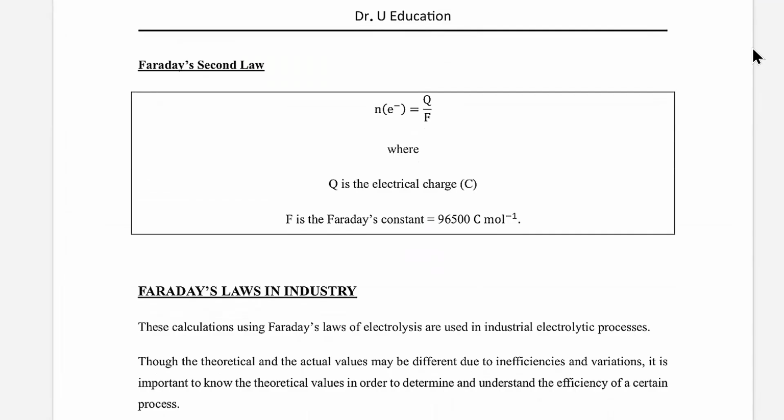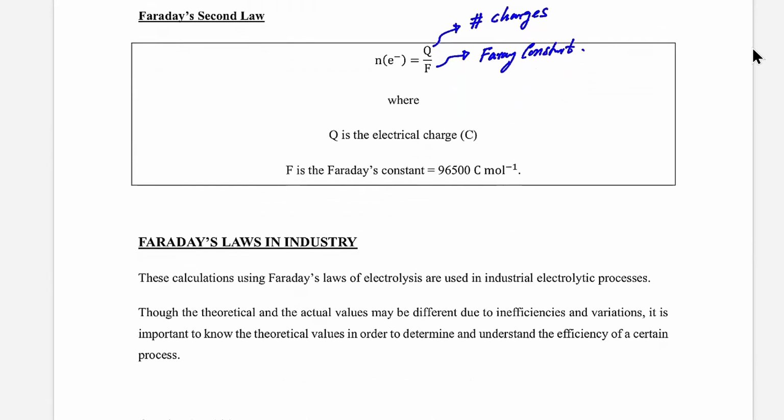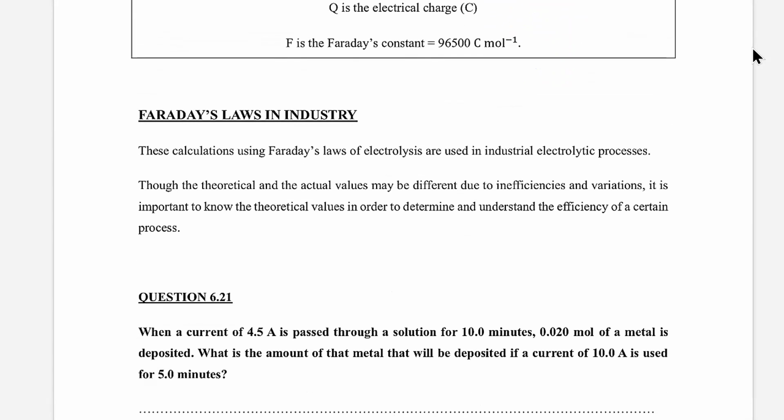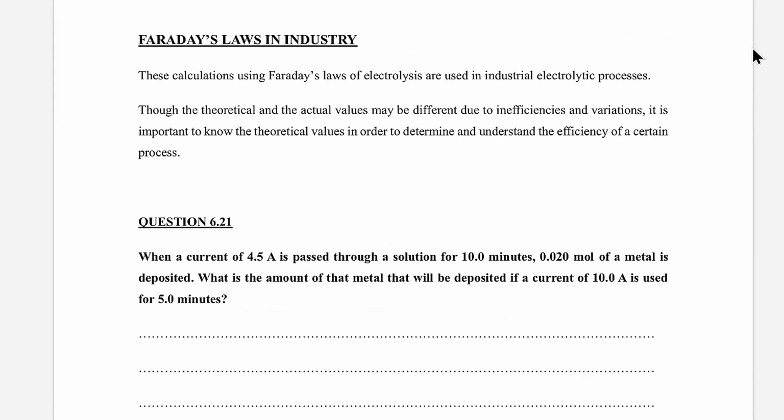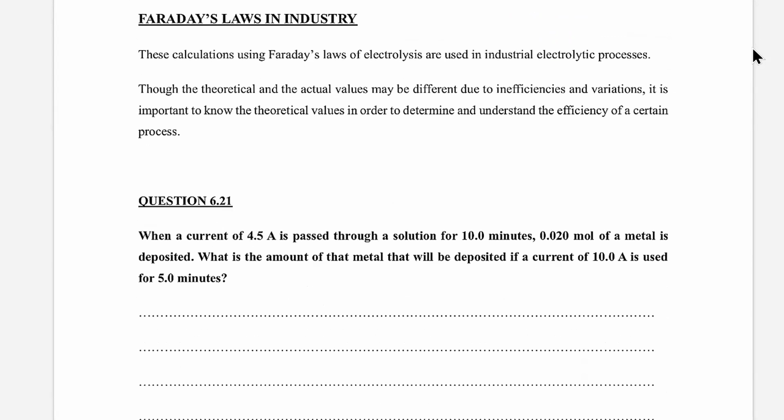So this Q means the total number of charges, and this F means the Farad, or Faraday constant. Okay, so this we know already. Now let's jump into this question using that.